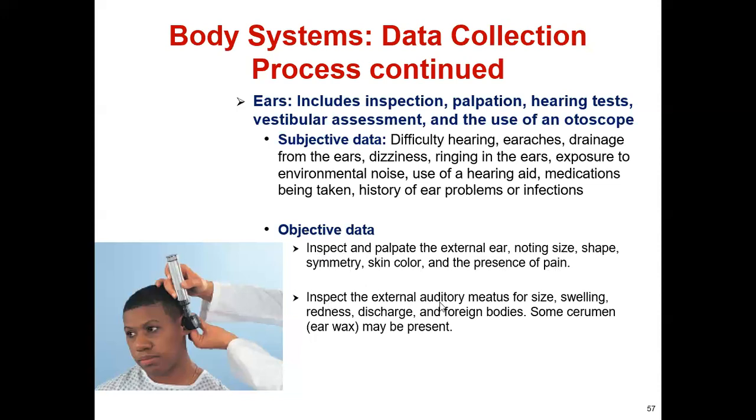Inspect the external auditory meatus for size, swelling, redness, discharge, and foreign bodies, if any. Sometimes cerumen, meaning ear wax, accumulates and may need to be removed.